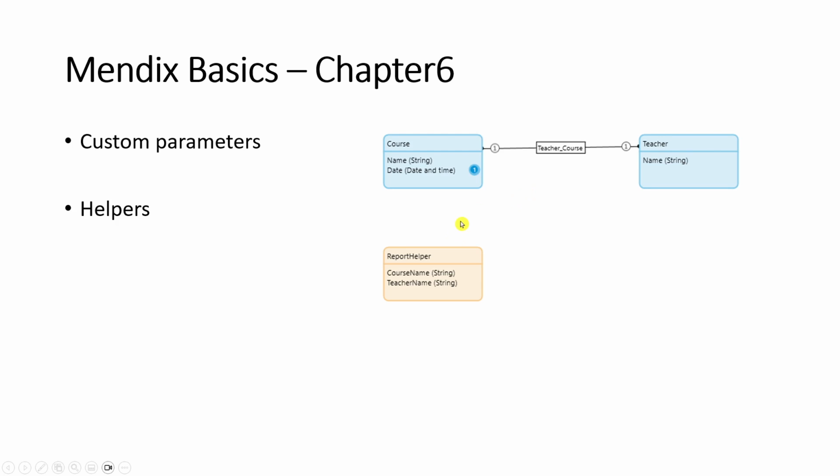This is the use case. We can create a report helper with the course name and teacher name. The user will see just this entity and does not need to see the course entity itself. As I said earlier, I generally use these kinds of entities as helpers, and that's it.